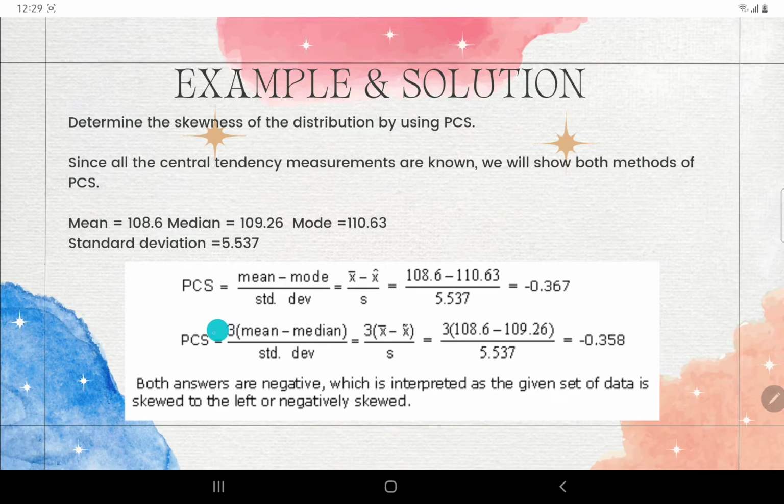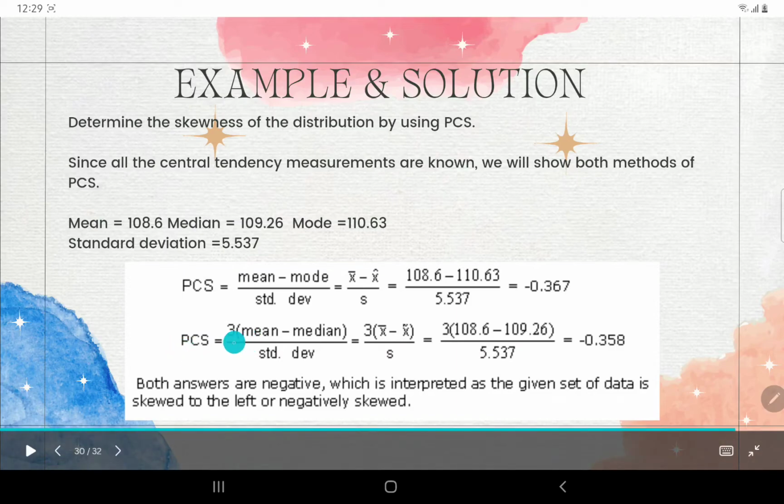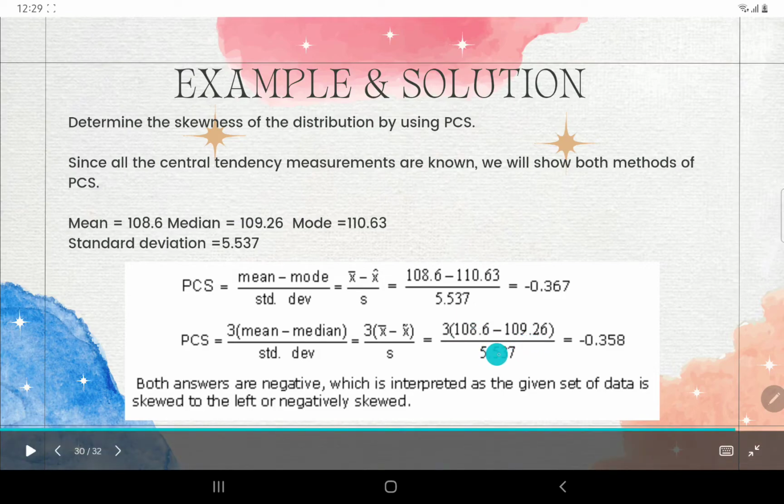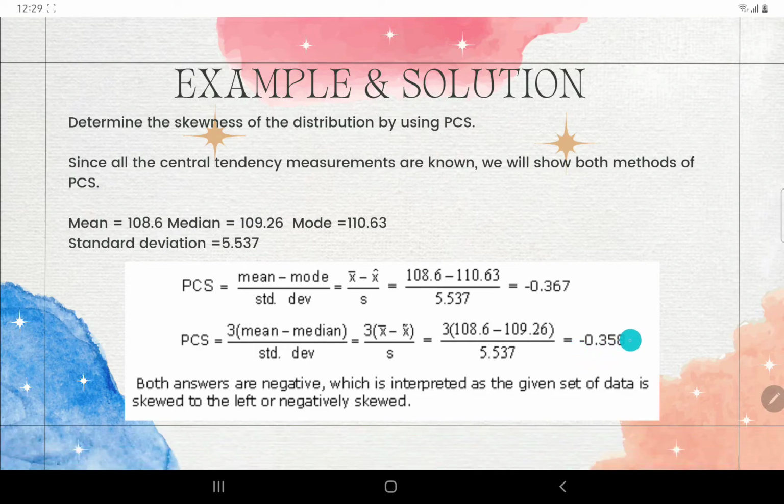Meanwhile, if we use the second formula, which is Pearson's second coefficient, the formula is 3 multiplied by mean minus median, and then divide by the standard deviation. The answer is negative 0.358. So both answers are negative, which is interpreted as the given data set is skewed to the left, or negatively skewed.